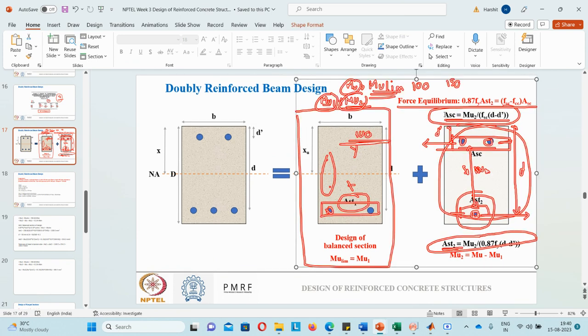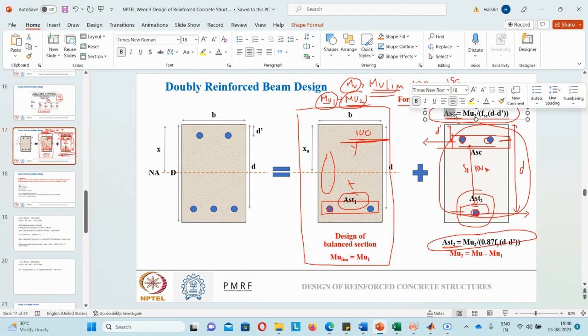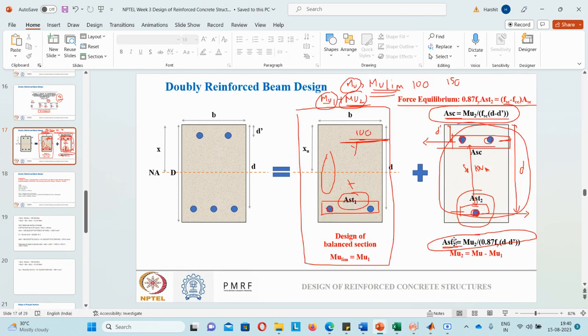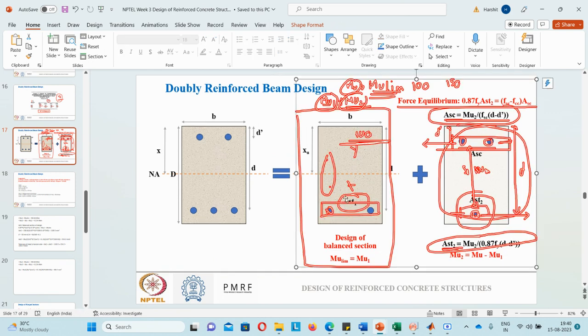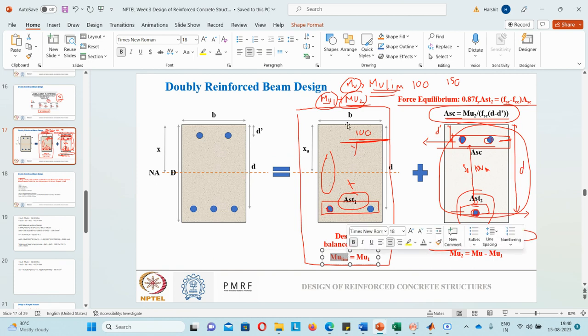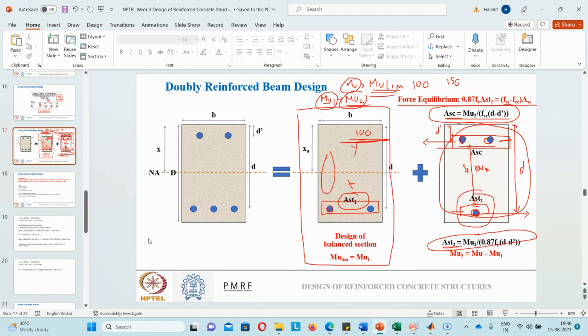You know the value of ASC, so you can get the value of Mu2. Once you know Mu2, you can calculate AST2. If you know AST2, you will know AST1 because you know the total area of steel in tension side. For AST1, calculate Mu1, assuming both steel and concrete failure. If that value is more than Mu limiting, then it is an over reinforced design of doubly reinforced section.